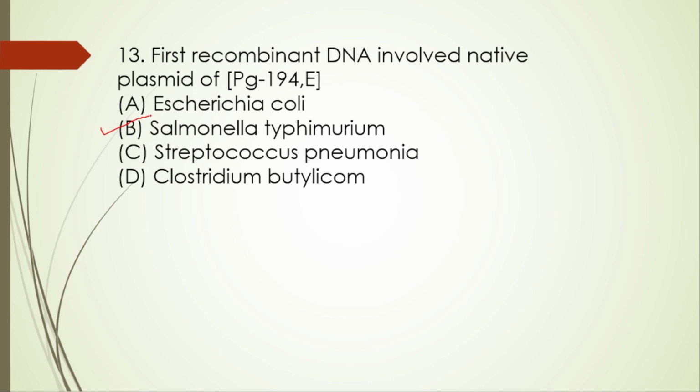So the first recombinant DNA was constructed in the year 1972. In the year what? 1972, by Stanley Cohen and Herbert Boyer. Okay, they achieved this by linking a gene encoding antibiotic resistance with the native plasmid of what? Salmonella typhimurium.